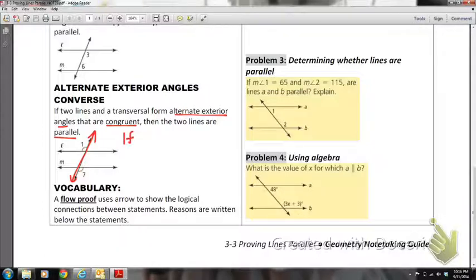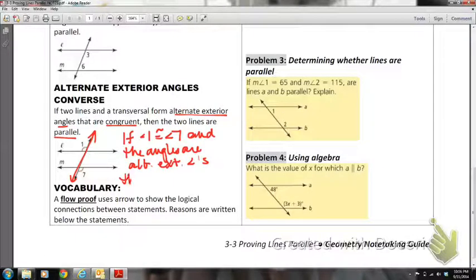We can say if angle 1 is congruent to angle 7, and the angles are alternate exterior angles, then we can conclude that line L is parallel to line M.